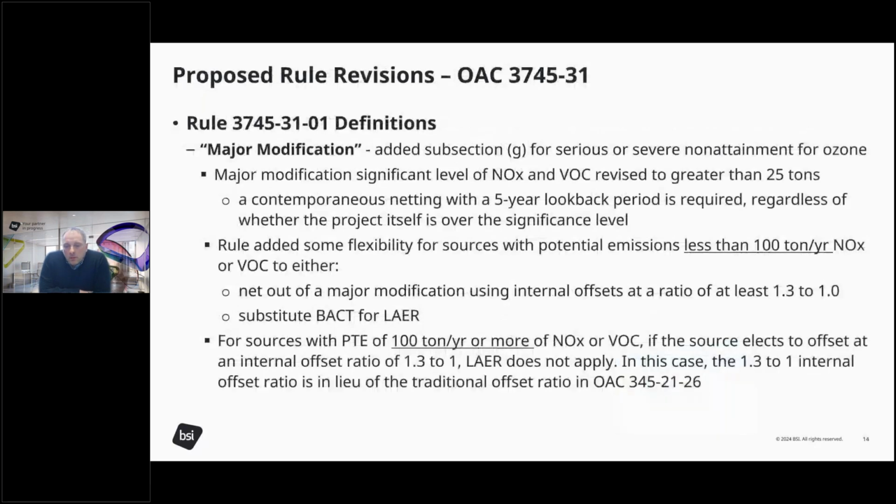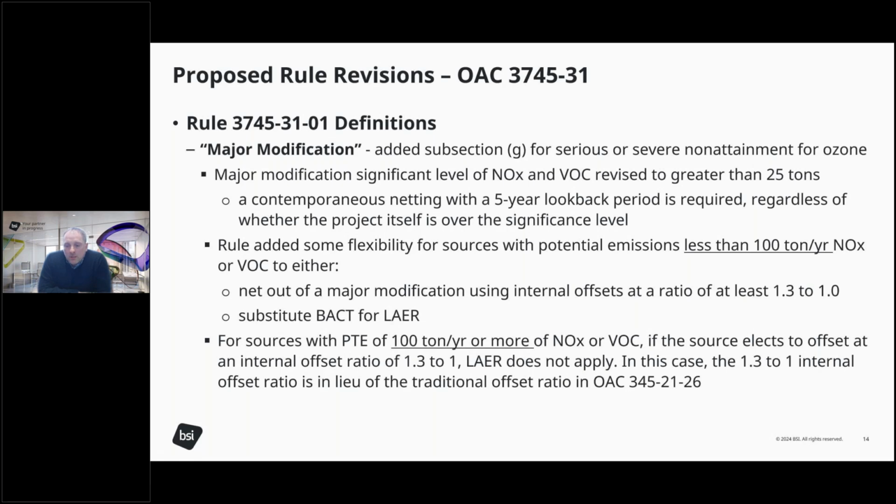So to provide a little bit more information on the impacts of operating in the serious non-attainment area, I wanted to review some of the regulatory changes that are driving the impacts I just mentioned. So for existing major sources, probably the most significant rule revision is the definition of major modification. So Ohio EPA is now proposing a revision to the definition of major modification in 3745-31-01.